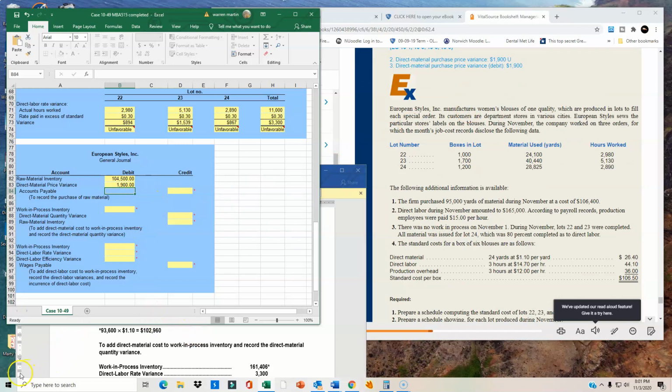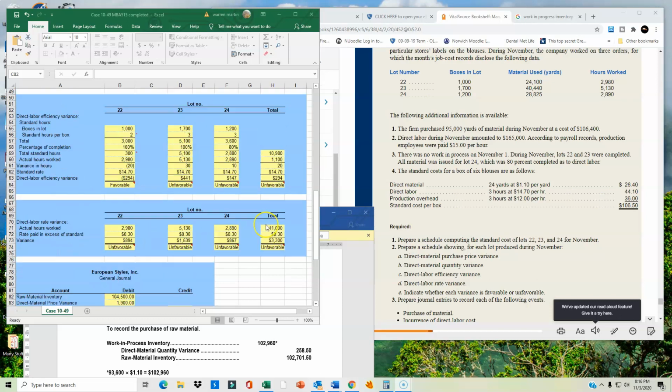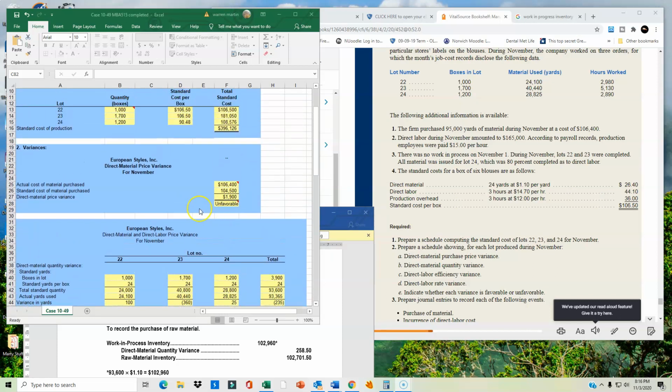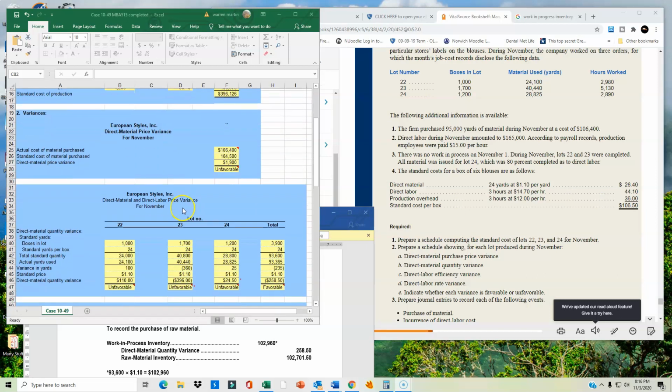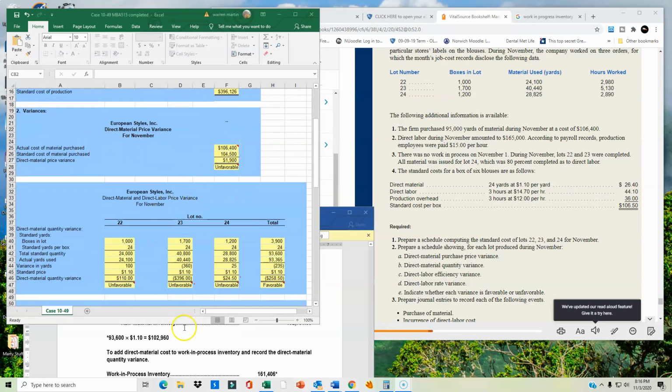And then this next part here, the work in progress inventory. So where do we get that number from? Remember further up where we got into the materials, where did it go? The actual material 106,400.